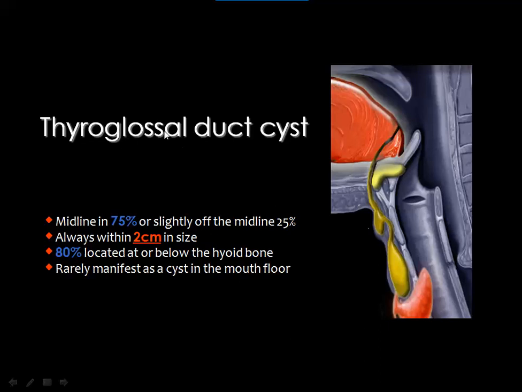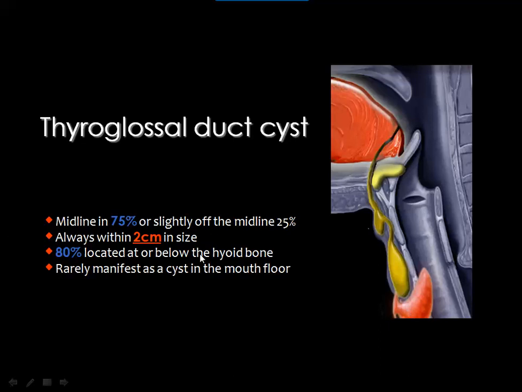Starting with the thyroglossal duct cyst, which is a cyst following the thyroglossal duct, and this duct starts from the foramen cecum at the back of the tongue and extends across the neck, representing the course of the thyroid gland until it reaches the normal location of the thyroid gland in the lower part of the neck.